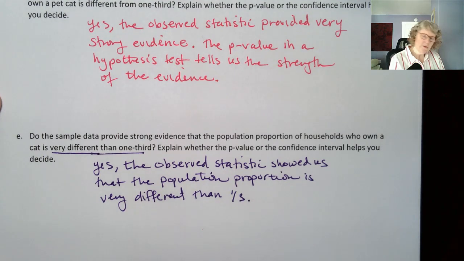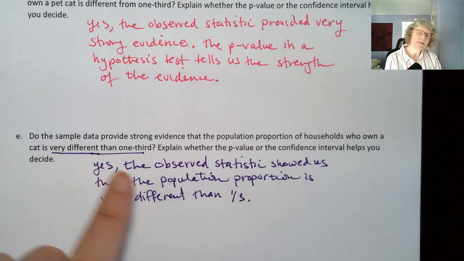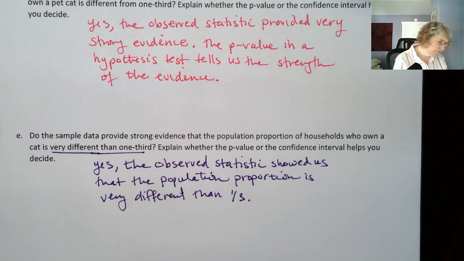If you said confidence interval, that's what I'm thinking too, because that also gives us a width of the plausible values, okay? So the confidence interval, it tells us more about the size of the effect. How different is it from 1/3, okay?